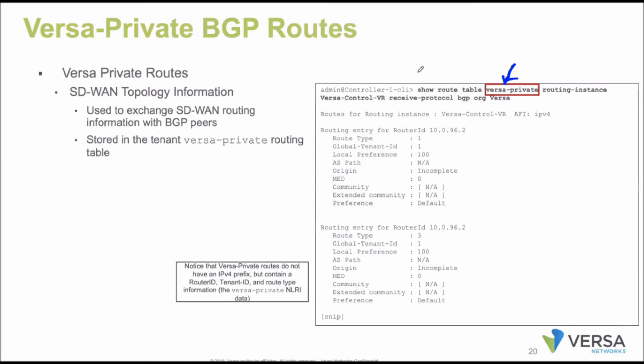The command to see the Versa private table is: show route table versa private routing-instance, name of the routing instance. The Versa private family routes will be placed under the control VR. We are going to see that all these overlay IP address prefixes are received with the help of the Versa private family.